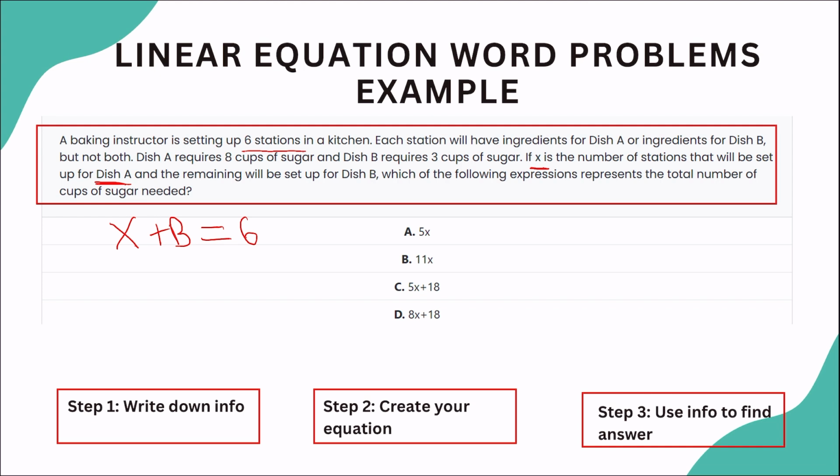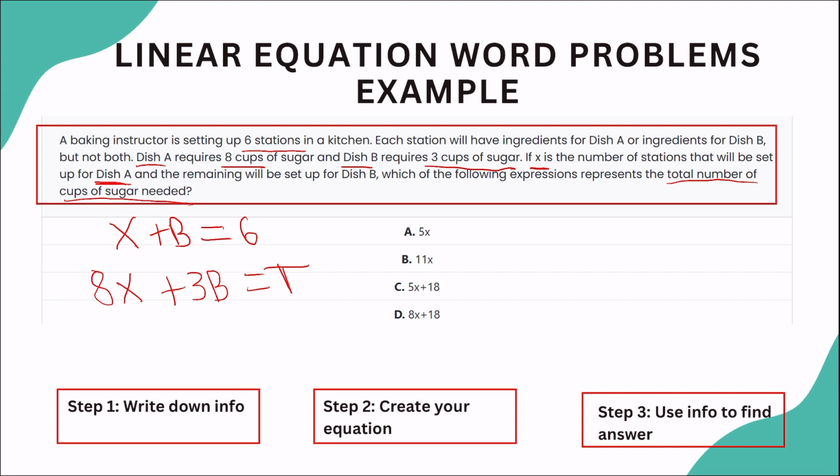Okay, so this is a good start, but now let's move on to this next piece of information, that dish A requires 8 cups of sugar and dish B requires 3 cups of sugar, because we're actually looking for the total number of cups of sugar needed. So 8 times the number of stations for A, which is x for us, plus 3 times the number of stations for B equals our total t amount of sugar needed.